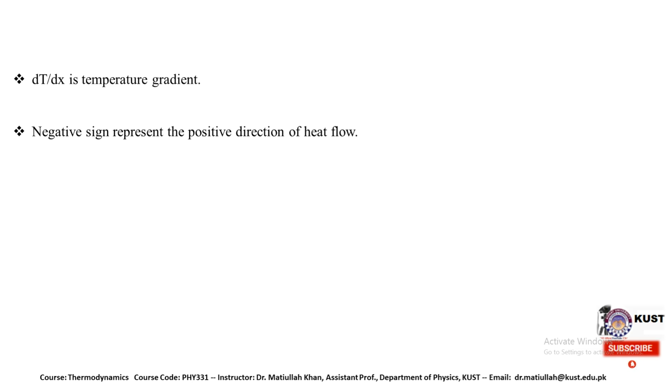And we already discussed that when the difference decreases, the rate of heat flow also decreases, because the heat flow between two objects depends upon the difference of temperature between them.